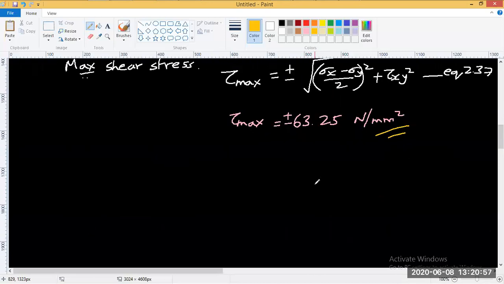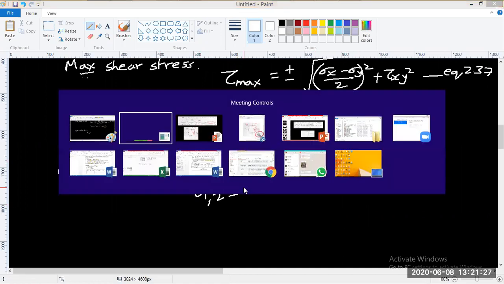The next, move on to the angle of shear stress. So for the angle of shear stress, again given in the data handbook, theta 1, 2 is equal to, I'll just verify this once in the data handbook.